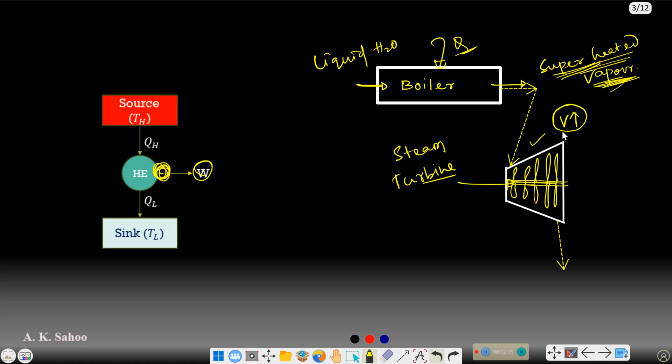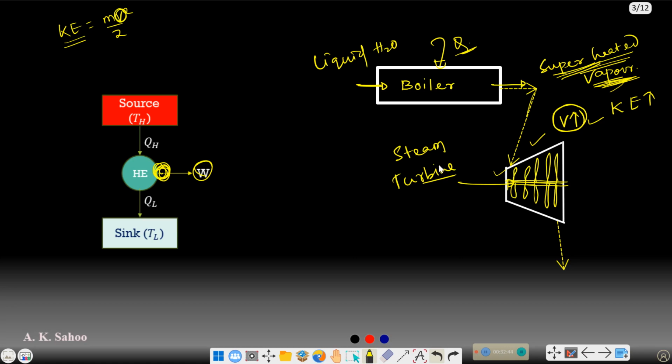Due to this increase in velocity, the kinetic energy of the superheated vapor will increase. We know this relation: kinetic energy equals mv square by 2. So if I have increased the velocity of the superheated vapor, then the kinetic energy must increase.